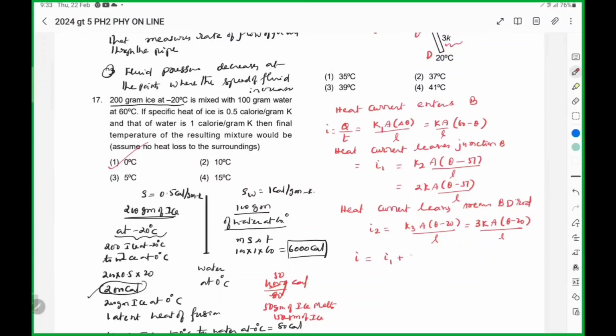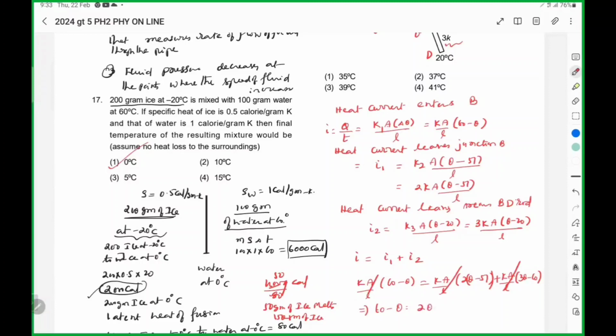The entering current is equal to the leaving current: Ka by L (60 minus theta) equals Ka by L (2 theta minus 51) plus 3 theta minus 60, Ka by L everywhere.